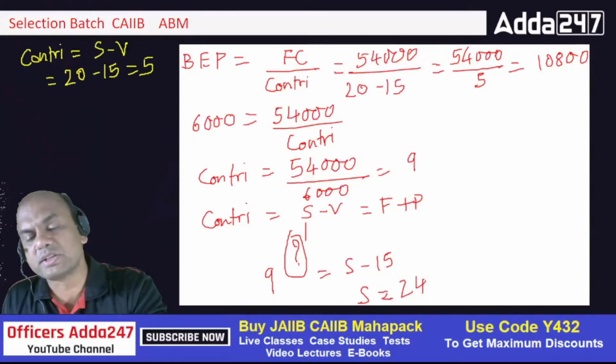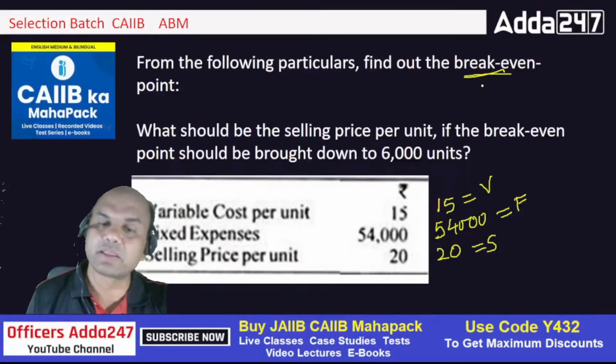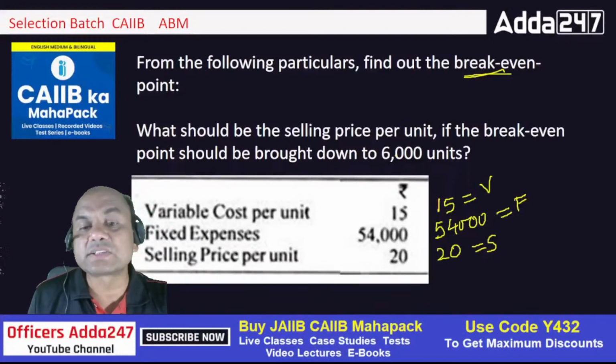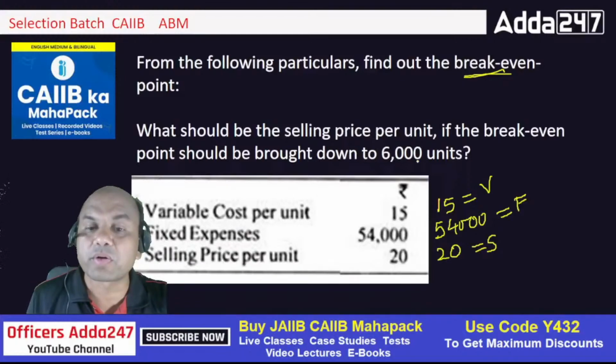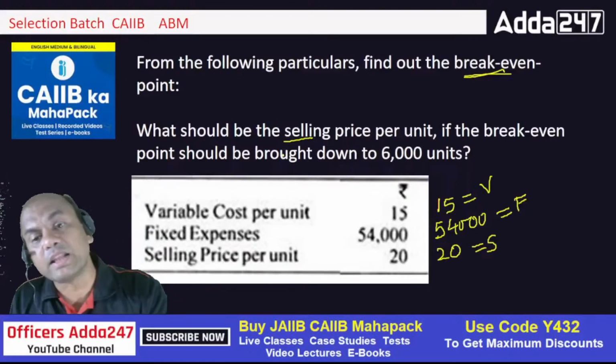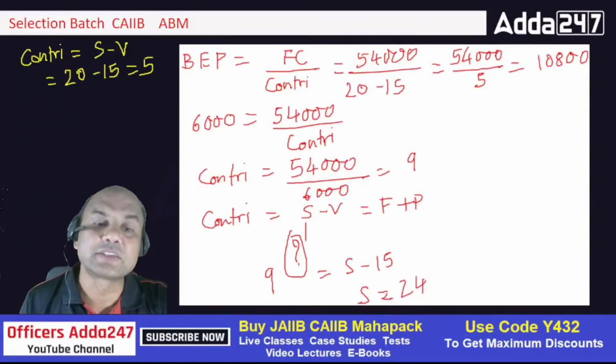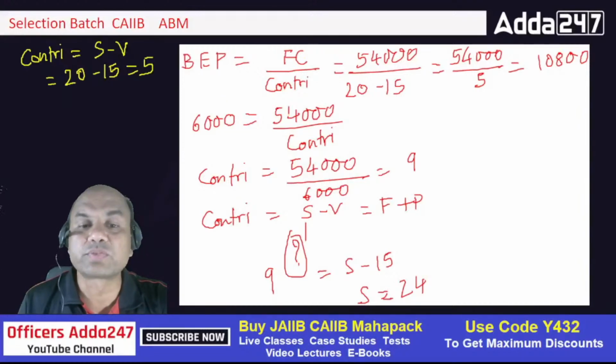Now what is the next question here? First question was this BEP, done. But if the break-even point should be brought to 6,000 units, what should be my selling price? In that case, I'll have to work on the reverse formula. BEP I'll write as 6,000. Fixed cost is 54,000.